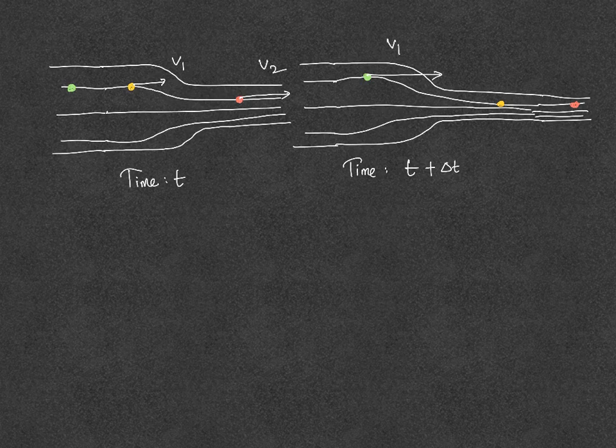What is the velocity of the yellow fluid particle now? It's v2.